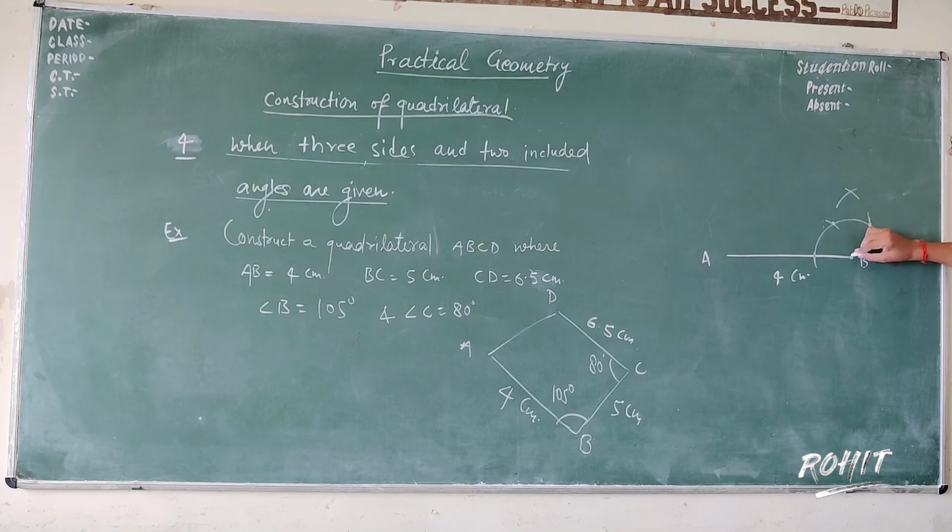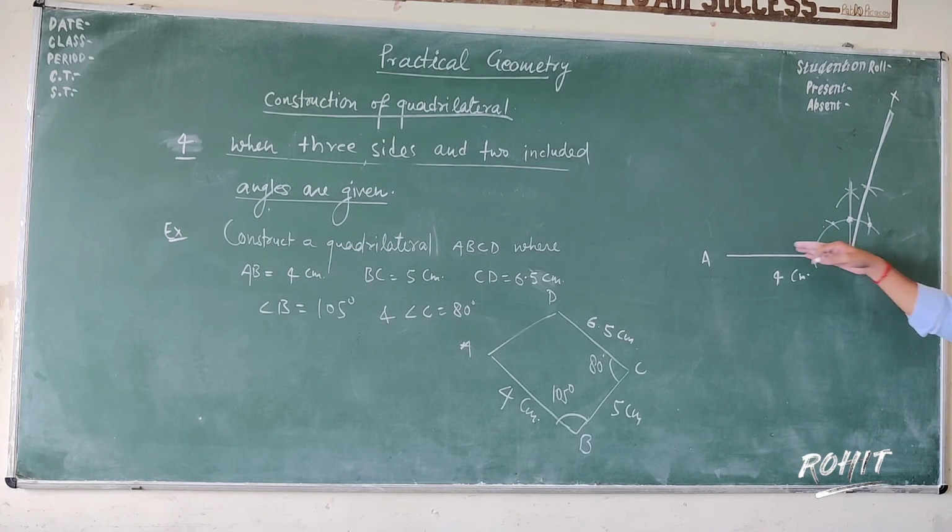Now this is 90 degree, this is 90 degree, and when we bisect this point and this point, here this angle is 105 degree. This angle is 105 degree. Construction: making an angle 105 degree, taking AB as base and angle B as center.